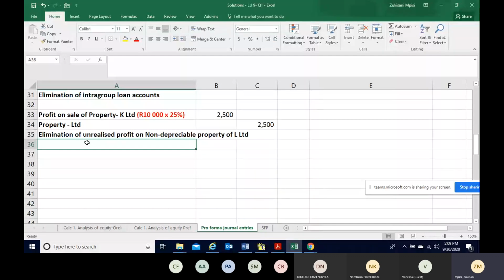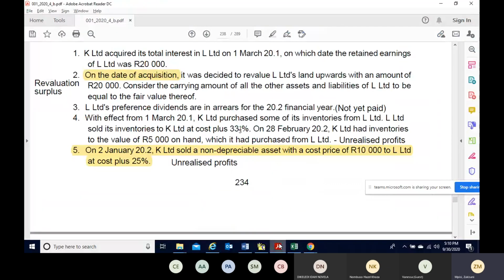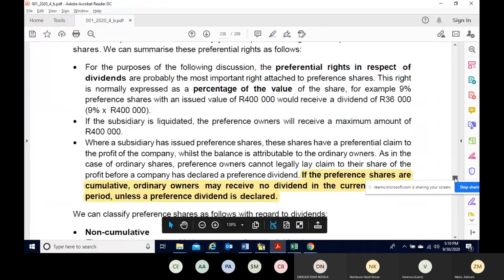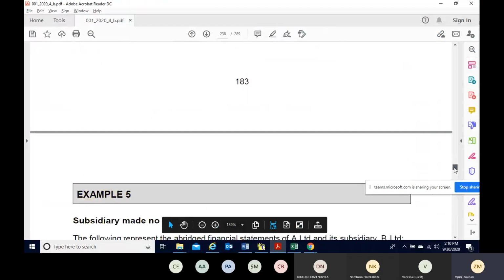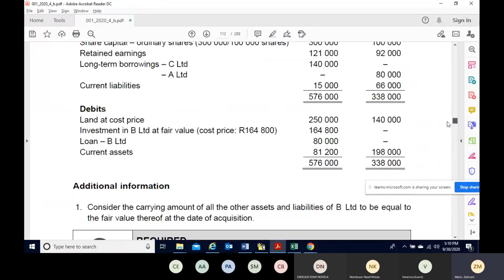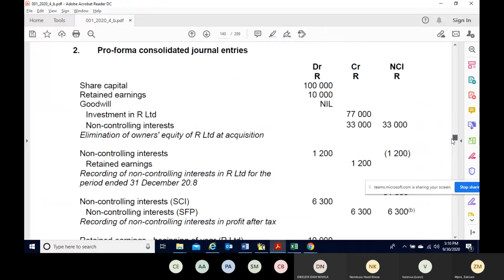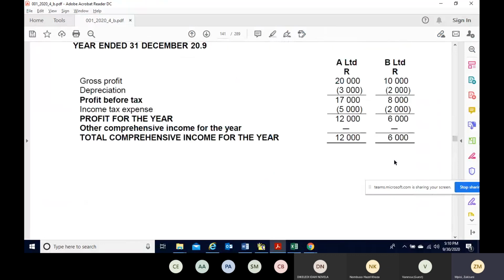Because I'm picking up a similar question on page 138. So it's 137 of your study guide. I'll quickly go to it. Just for consistency, it's 137. So this is example 3.